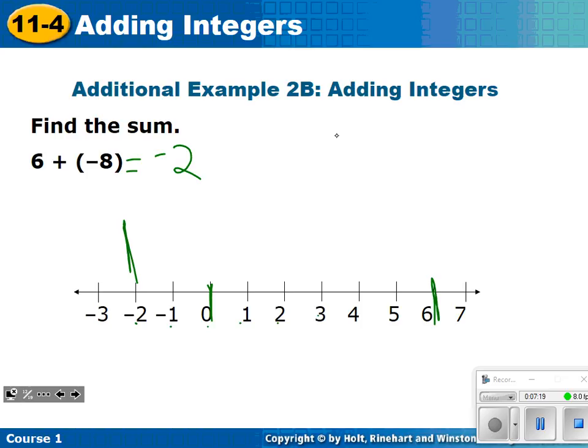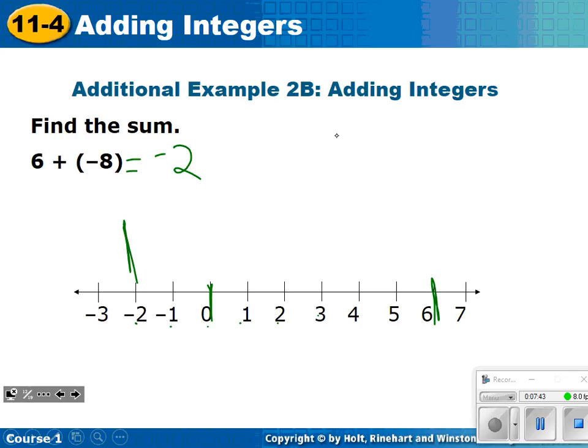Yes, sir. If you can do it without a number line, I'm okay with it. However, when you're first getting started with it, it's easier to see it. Okay? Now, when I was in school, I started looking at it as this is the same as 6 minus 8.